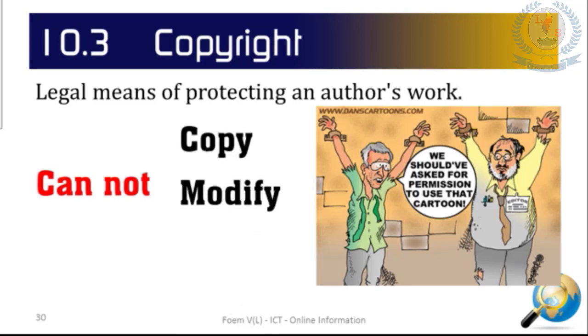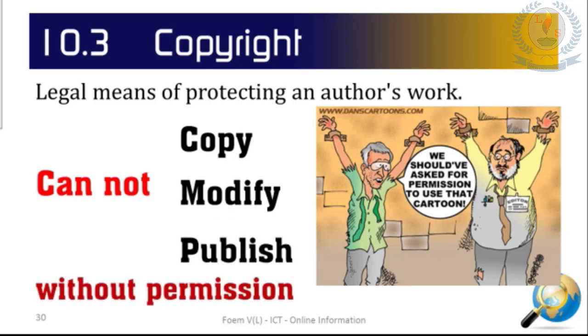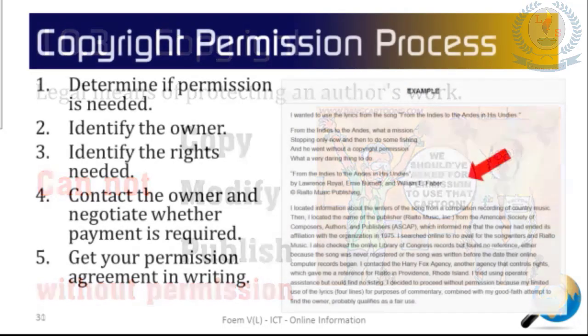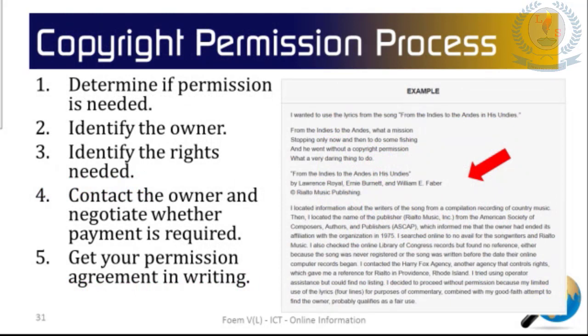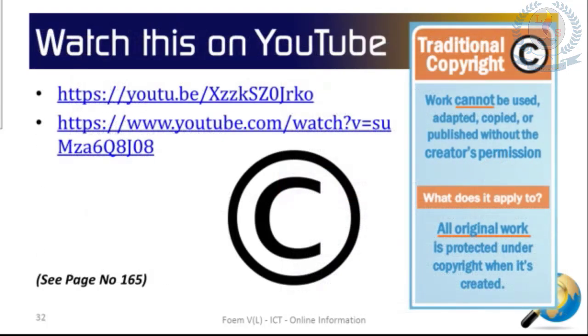You cannot modify or alter it. You cannot publish it without the real owner's permission. This is just the simple copyright permission process. You can refer to it. We have to get permission from the real owner when using that person's work for your work.